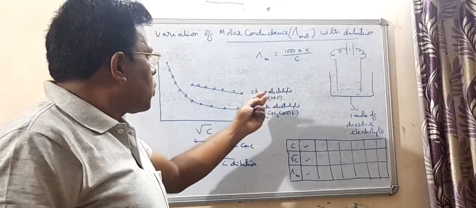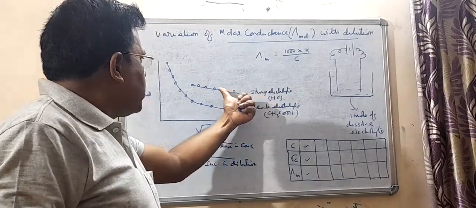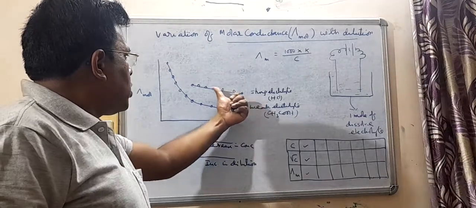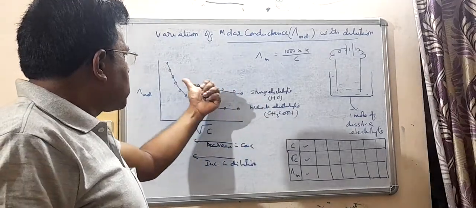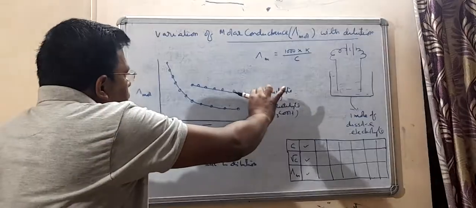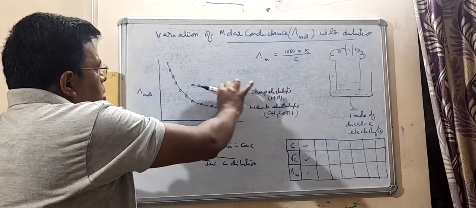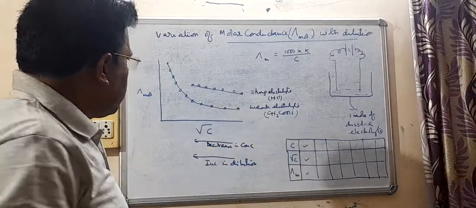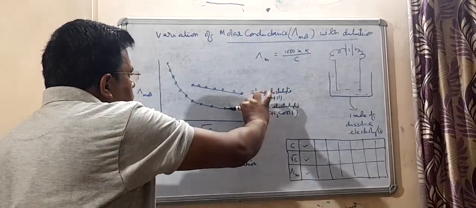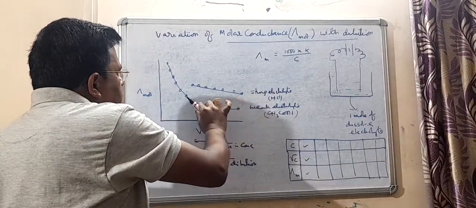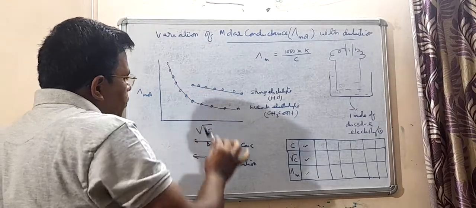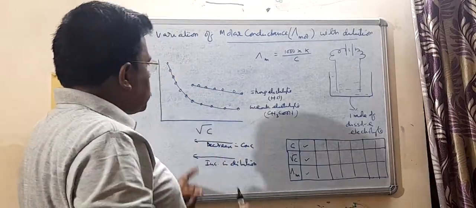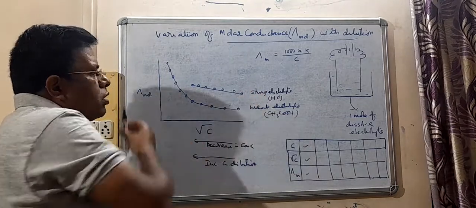In case of strong electrolyte, it gradually increases with decrease in concentration, or it gradually increases with increase in dilution. But in case of weak electrolyte, what we see is, there is a sharp increase in the molar conductance value with increase in dilution or with decrease in concentration.